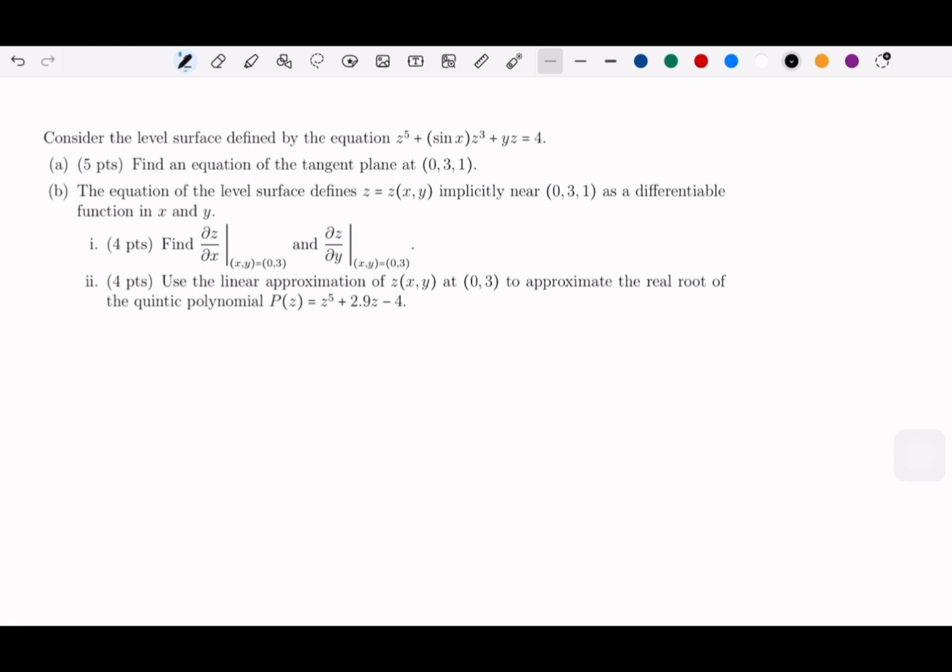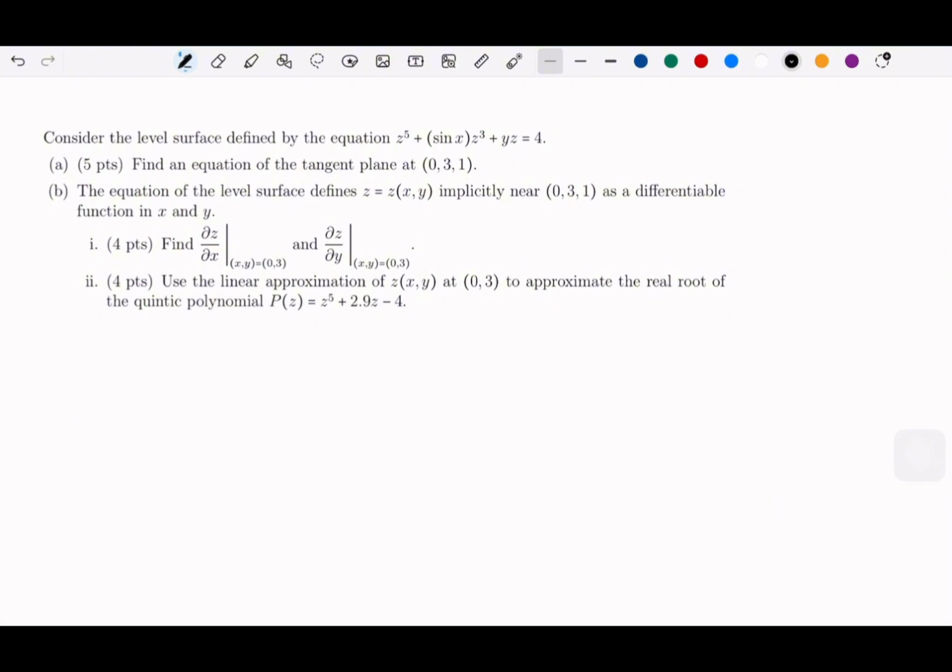So we have z to the power of 5 sine x z cubed plus y z equals 4. Find the equation of the tangent plane at (0, 3, 1), and then you have the second question, which is giving you the definitions.